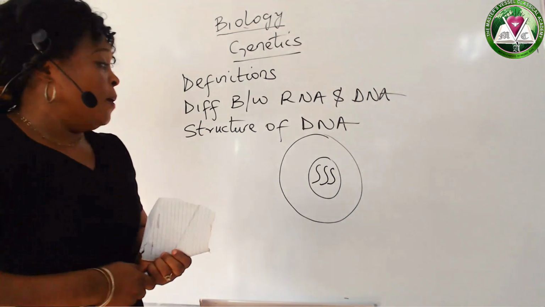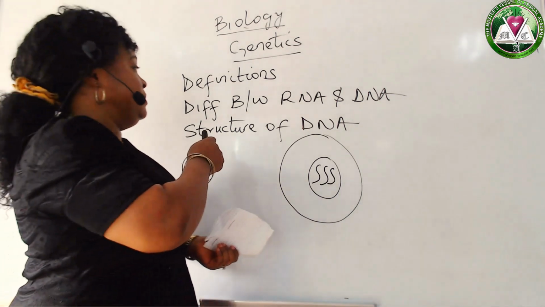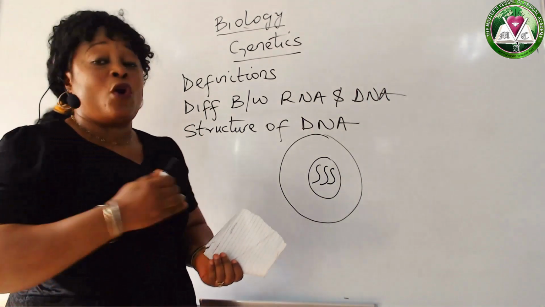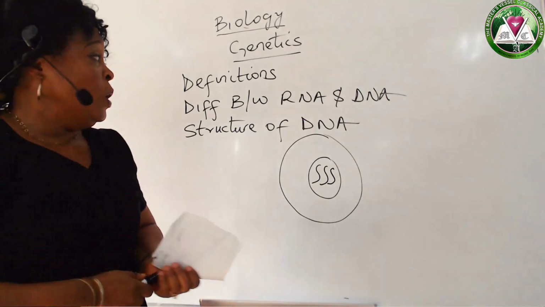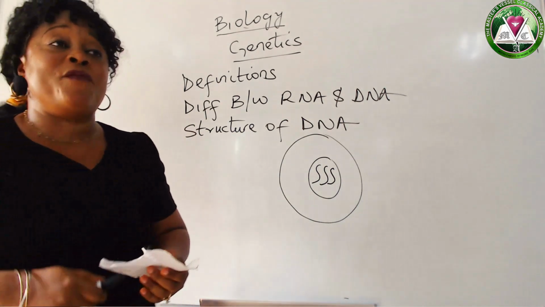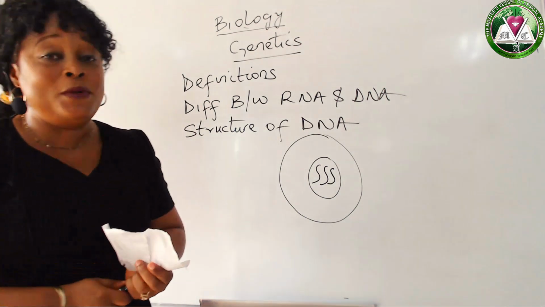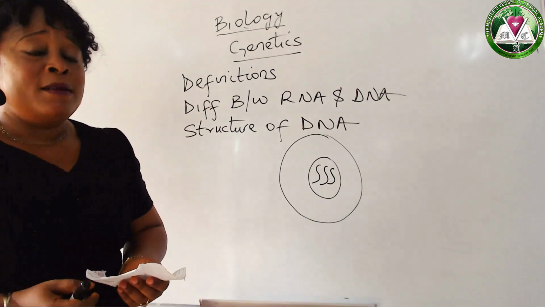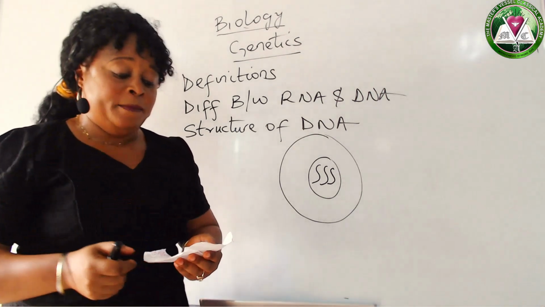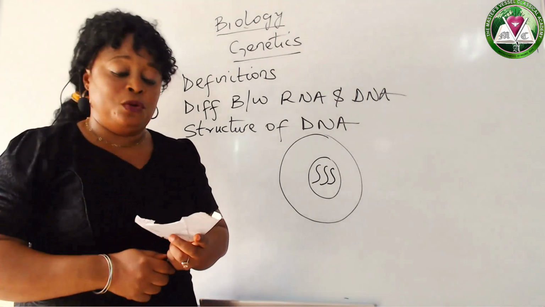Okay? Now, as we are going to discuss DNA as a chemical constituent of a chromosome, we are going to differentiate between DNA and RNA. Usually, the differences between DNA and RNA have always been an issue with students. They don't seem to remember. Now, it's important to remember that both the DNA and RNA contain forms of sugar.